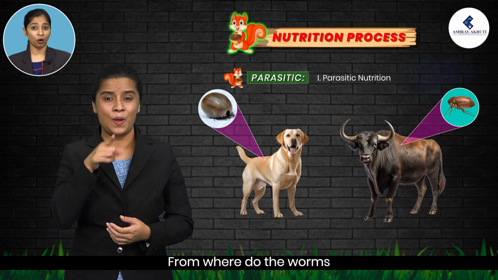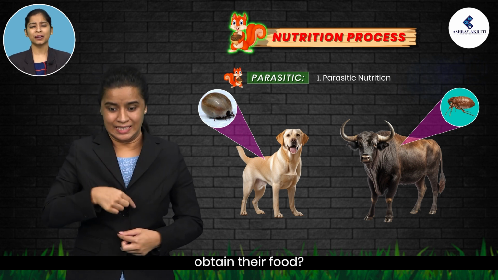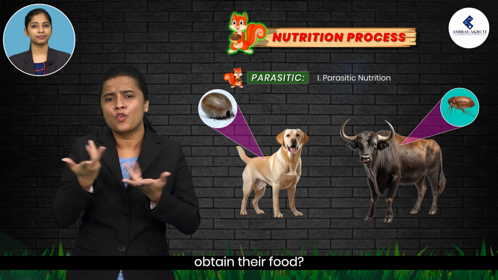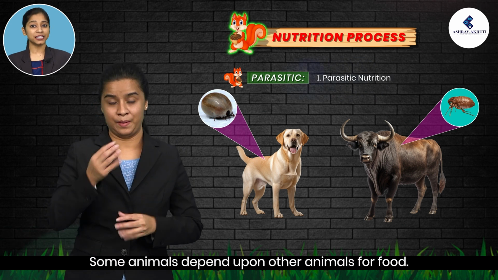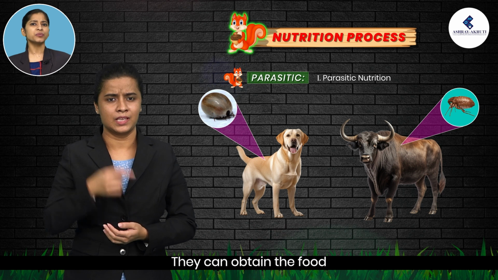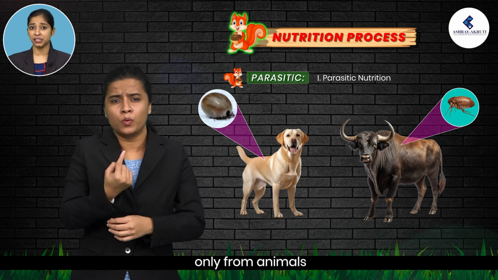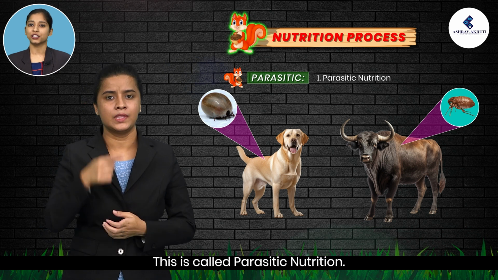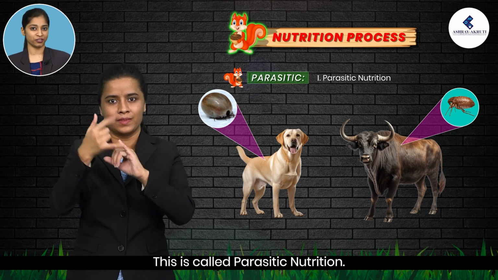From where do the worms in the intestine obtain their food? Some animals depend upon other animals for food. They can obtain the food only from animals on whom they are dependent. This is called parasitic nutrition.